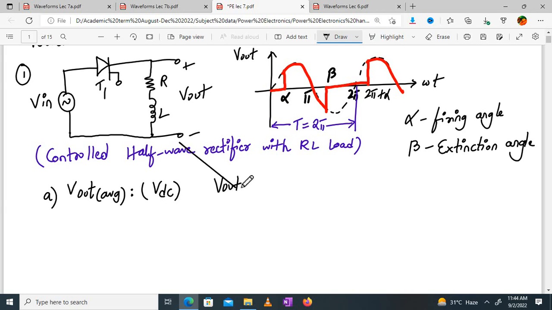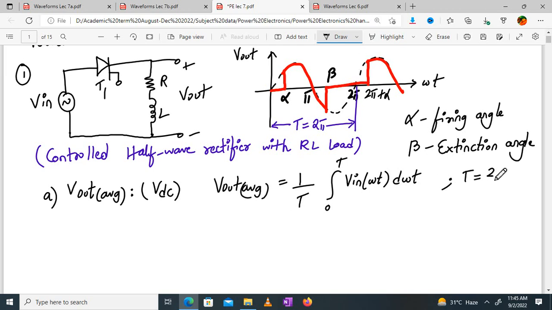If I want to find average voltage, it is 1 upon T integral 0 to T. Correct? Now you put the period over there. What is T? 2 pi, right? And what is V in? Now you substitute it over here.